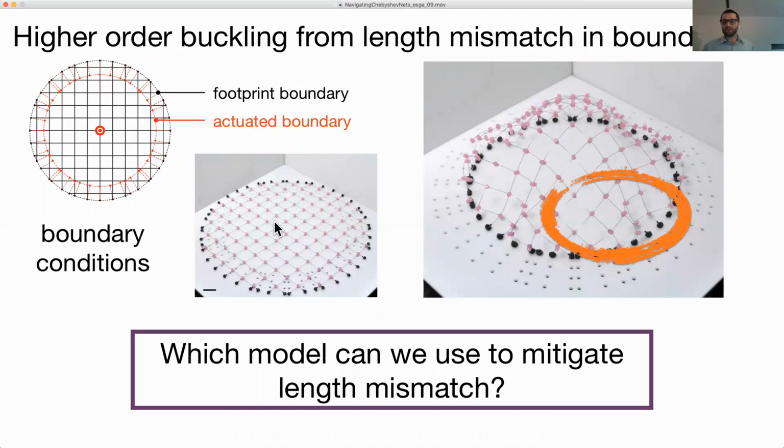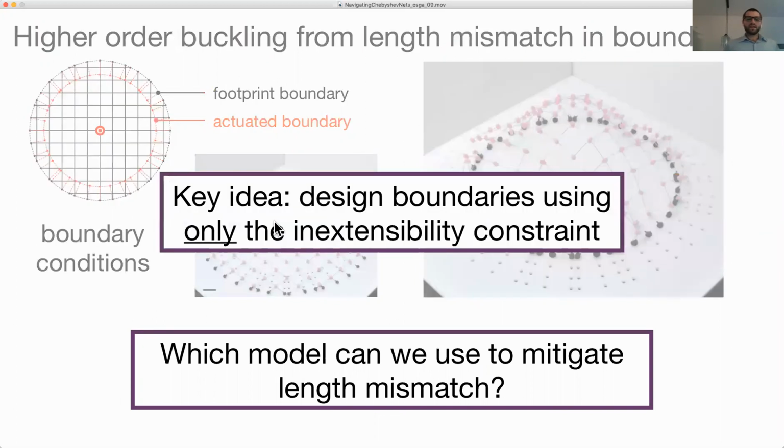So what would happen if we just used a Chebyshev net model to mitigate a length mismatch? And so we only use this inextensibility constraint and hope that the physical energy of bending can be a regularizer inside of the feasible space.